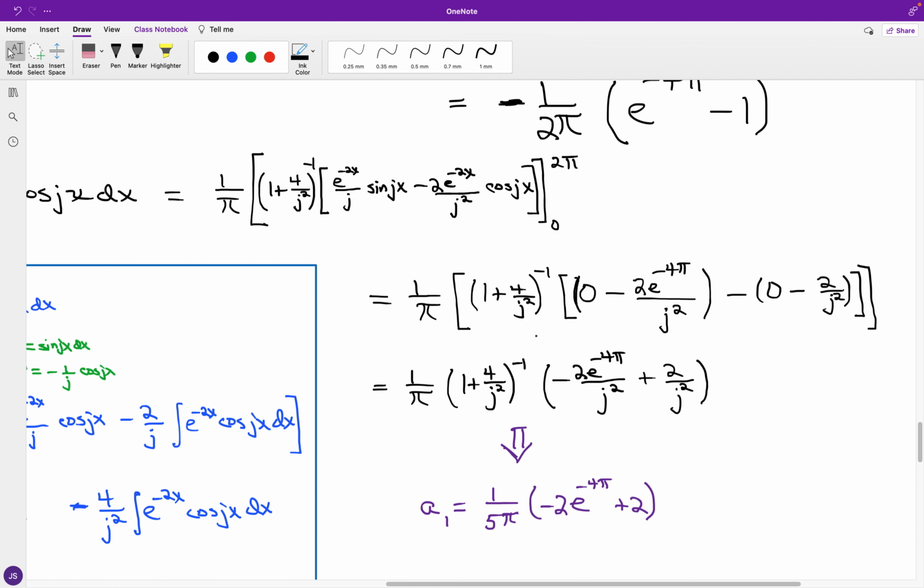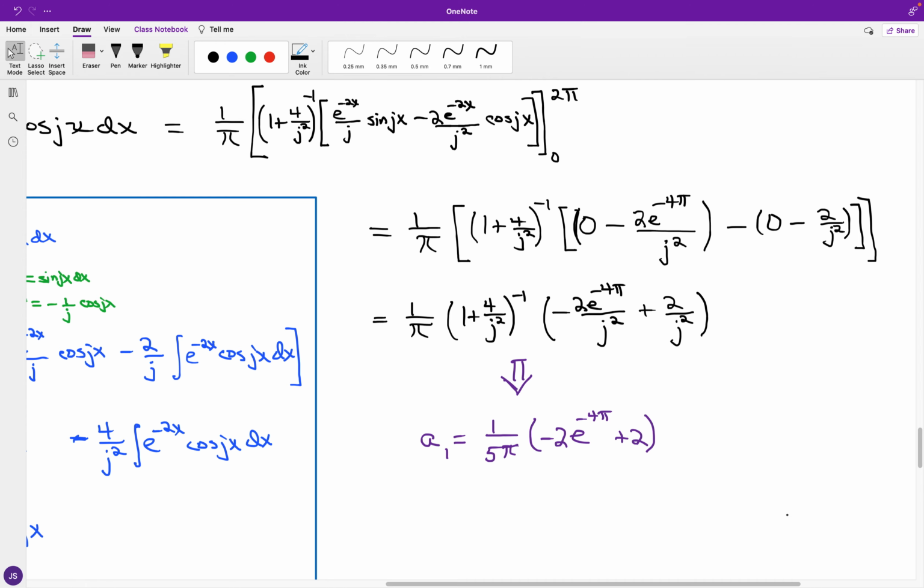And looking at combining our terms, what we're going to have in the result for the numerical integration, very complex, is 1 over pi times the multiplicative inverse of 1 plus 4 over j squared, times the quantity of what's going to be reducing to negative 2e to the negative 4 pi over j squared plus 2 over j squared.